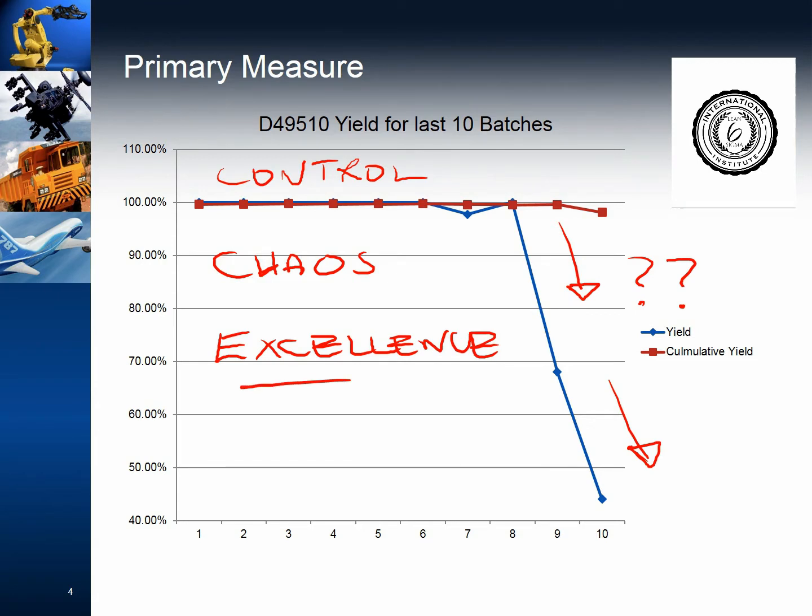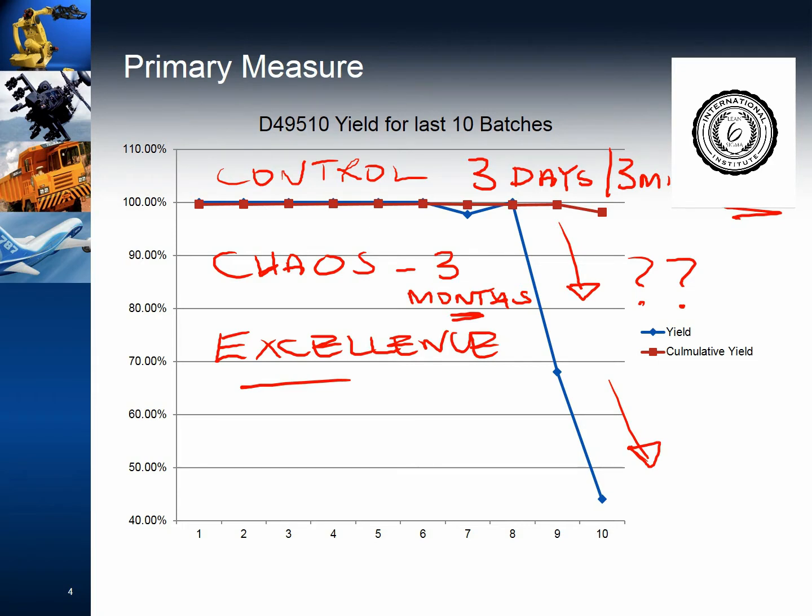And if you know whether you're in chaos, control, or excellence, typically if you're in control, this problem is going to take 3 days, 3 minutes, 3 weeks, maybe to fix. It's going to be short term. If you're in chaos, 3 months. Minimum 3 months. You have to know what type of problem you have before you start.